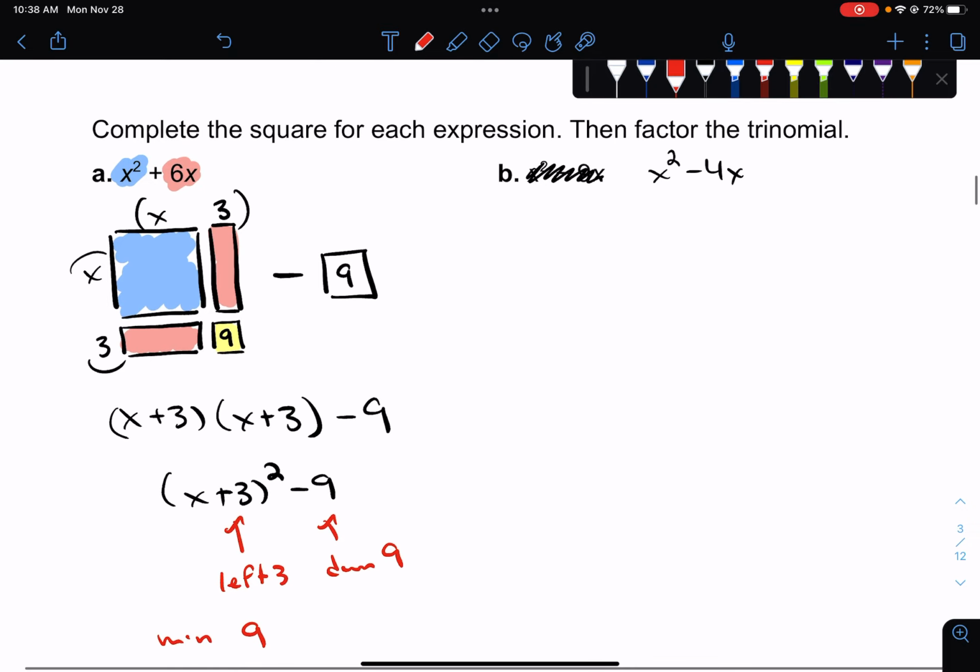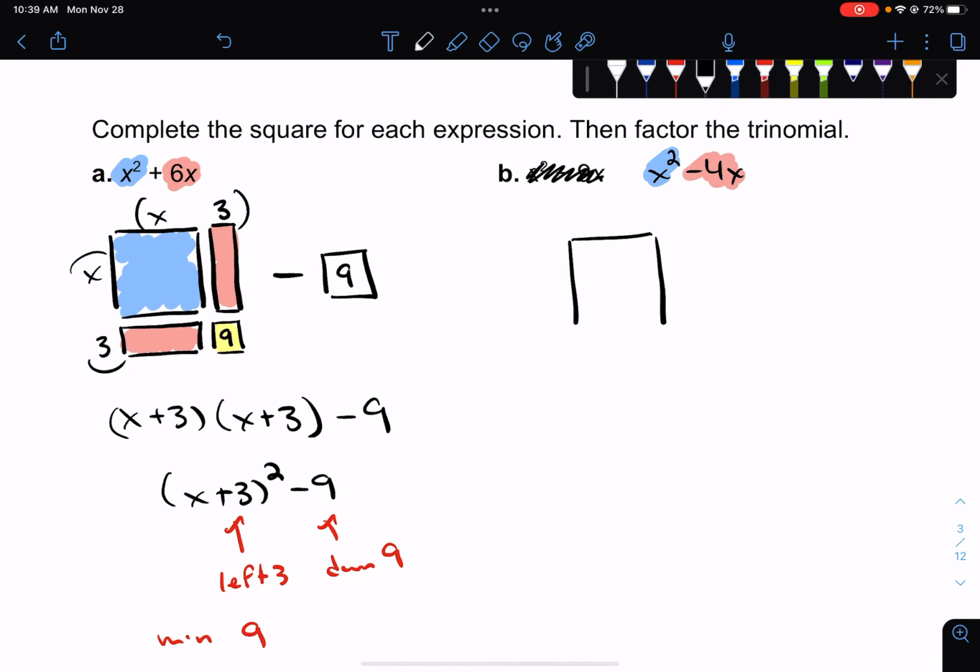All right. B, x squared minus 4x. Now, sometimes you guys see minuses and negatives and it freaks you out a little bit, but we're going to do the same thing. I'm going to take these two parts and make them into geometric shapes. So x squared, that's just my regular x by x. The minus 4x, I want to do the same thing.